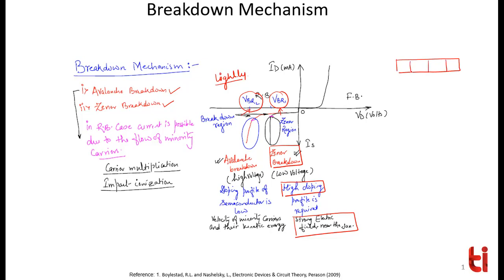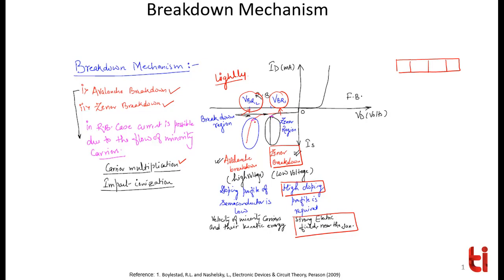When the charge carriers move in the depletion region, their velocity increases, and because of the velocity their kinetic energy increases, and this creates the carrier multiplication. Because of the collisions, carriers are generated, and these carriers get multiplied, and because of this carrier multiplication, you get a larger current in a reverse bias.